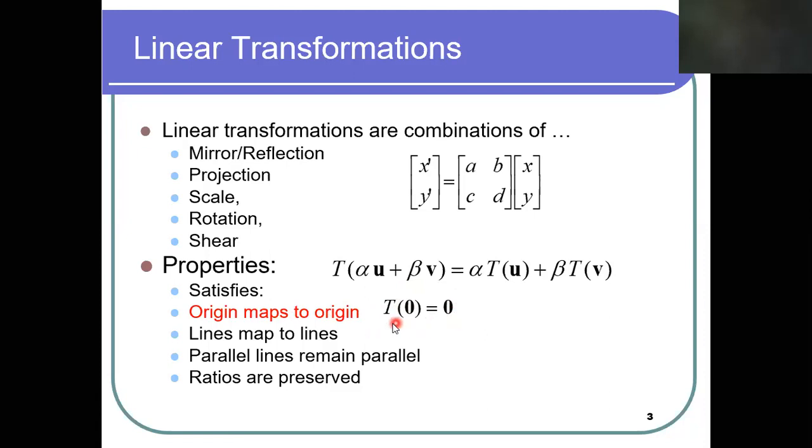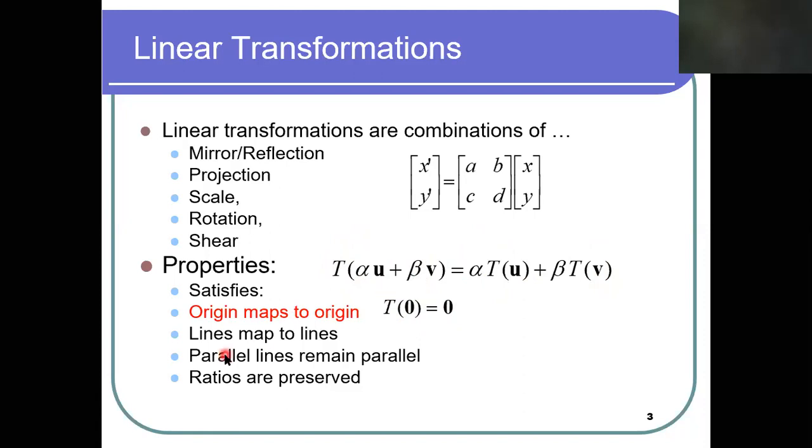This is a quite important property when discussing whether a transformation is linear or not. If a transformation satisfies this property or this one, then you can say that the transformation is linear.